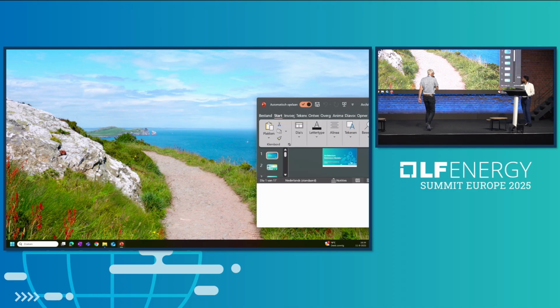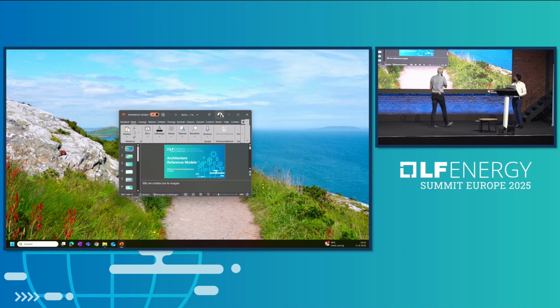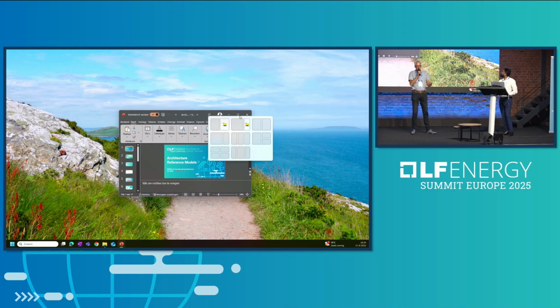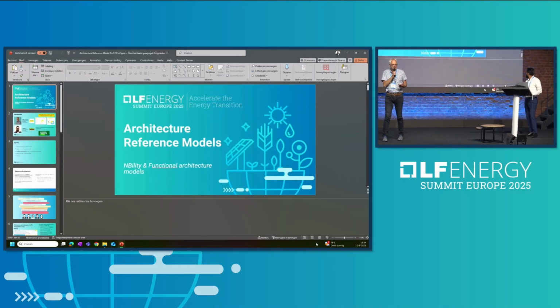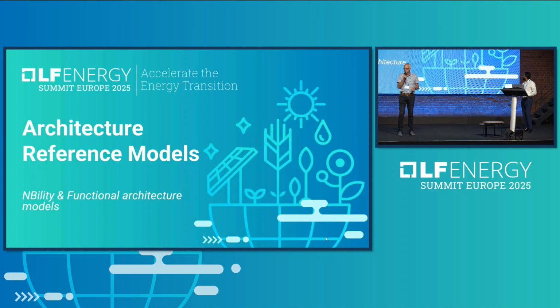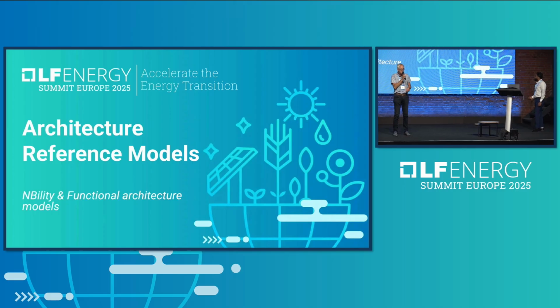We would like to tell you something about two parts of the LFE family that are not about solutions, but about business, the business of grid operators. It's about business where the benefits are of all those beautiful solutions we talked about a lot the last 2 days, where the value will be collected.